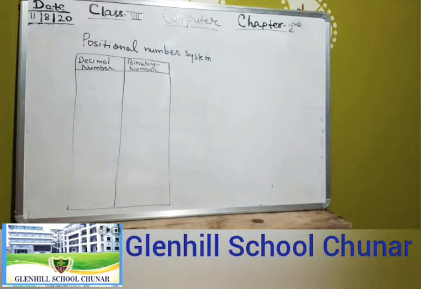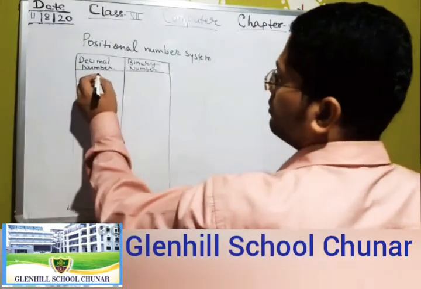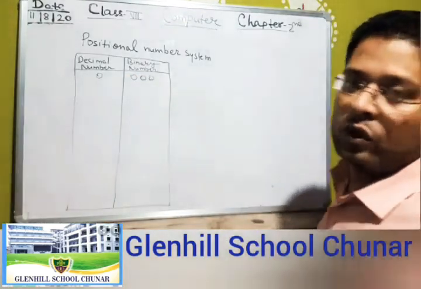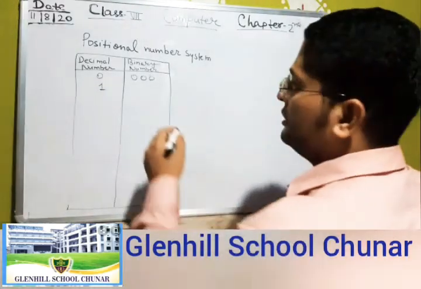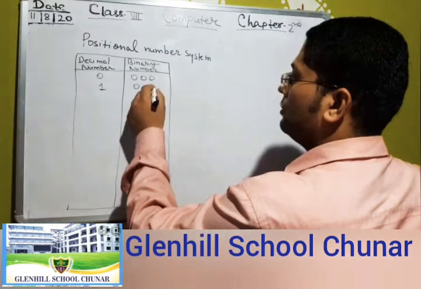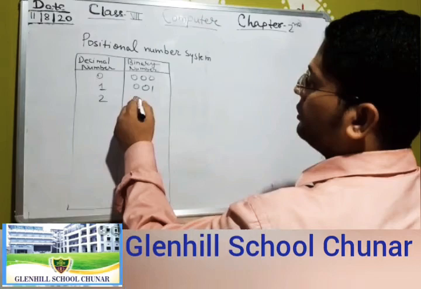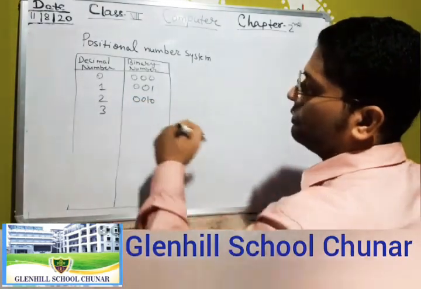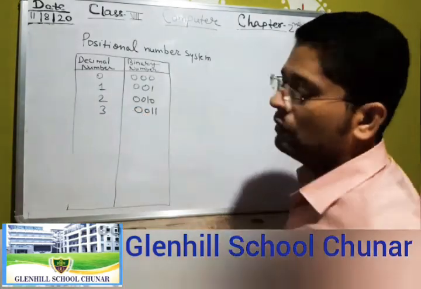Okay, that's 0, so binary number 0 0 0 0. That's 1, so your binary number is 0 0 0 1. And 2 is 0 0 1 0, and 3 is 0 0 1 1.